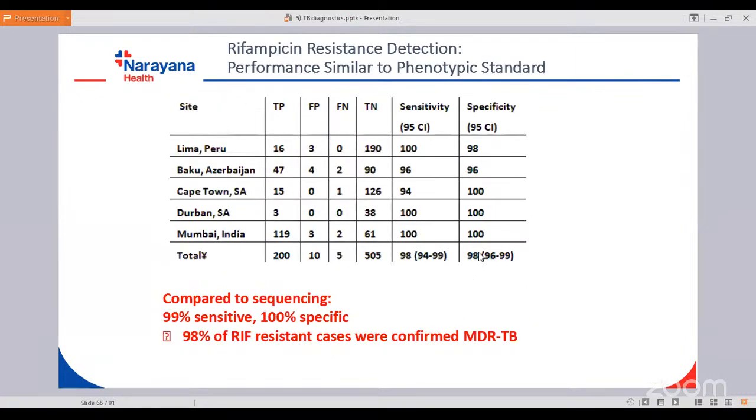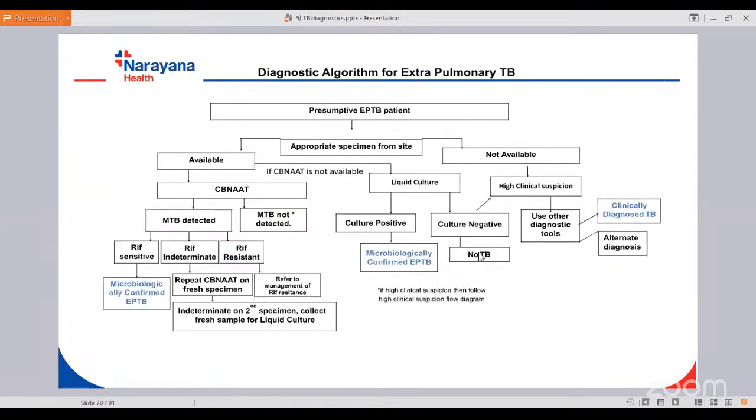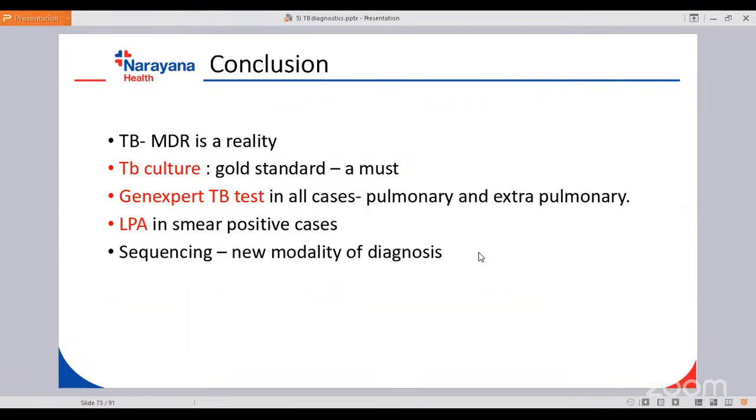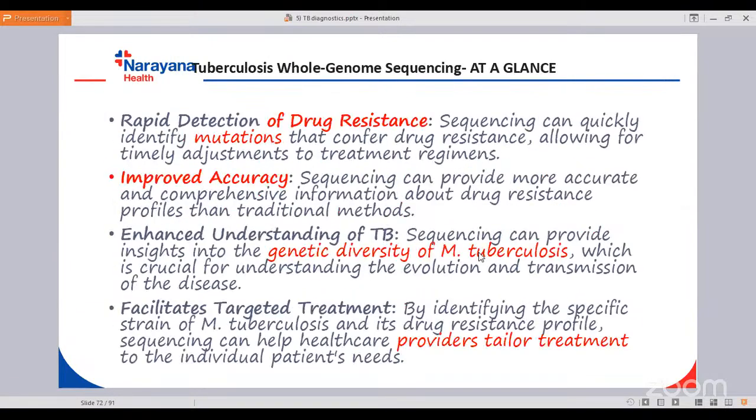So we finished GeneXpert. Coming to another test that has now come into the picture is sequencing. So you must have heard of MDR and XDR sequencing. Nowadays, apart from these tests, there's also another test that has come up, and that is the pyrosequencing, XDR and MDR pyrosequencing test.